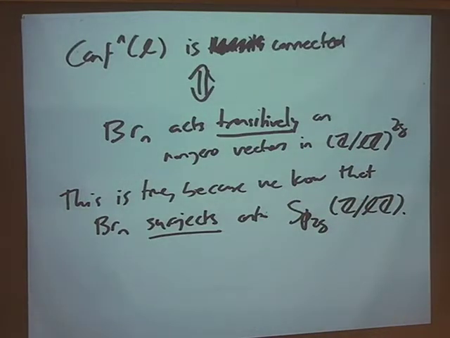And so to ask questions about the transitivity of this action, all we need to know is what its image in the symplectic group is. So this transforms it. Now suddenly the braid group is gone, and we're asking a question about matrices. We're asking whether the symplectic group acts transitively on non-zero vectors. And it does.